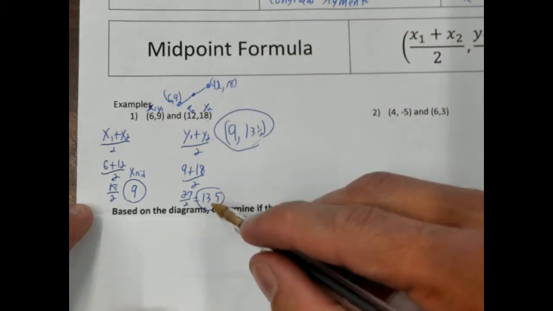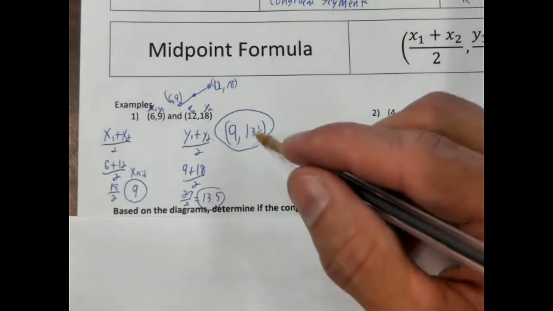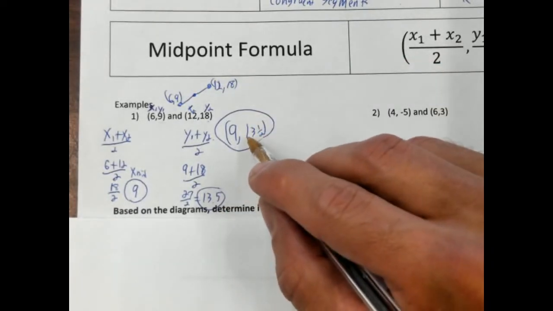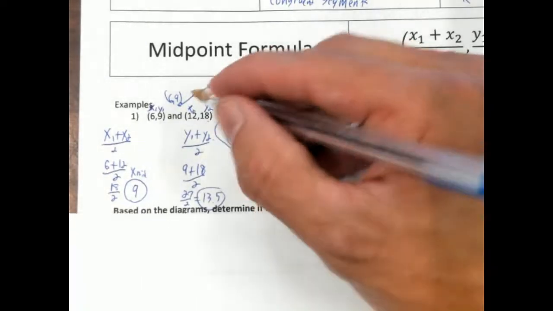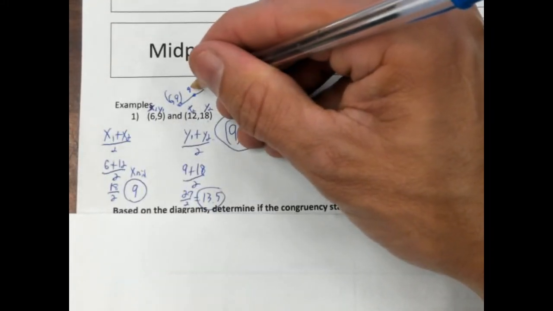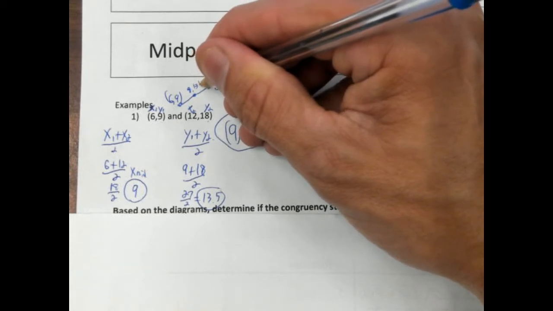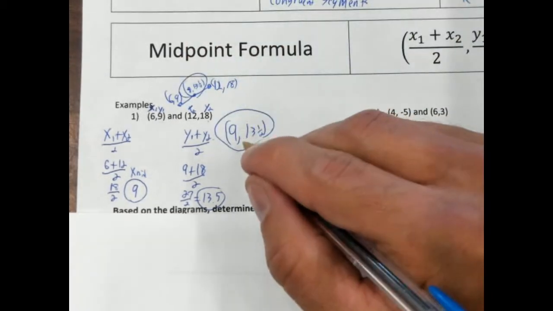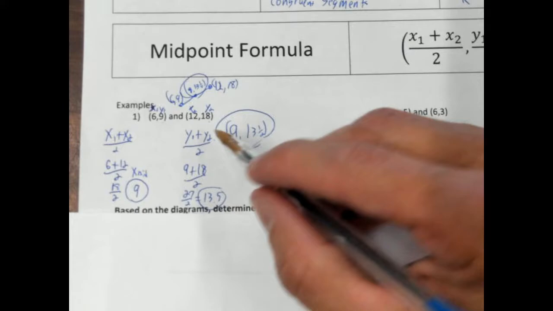And don't say 0.5, because 0.5 is 5/10. Anyway, so 9 and 13 and a half. So that would be the point that lies directly in between these two endpoints. But that's how you calculate the midpoint being given two endpoints, okay?